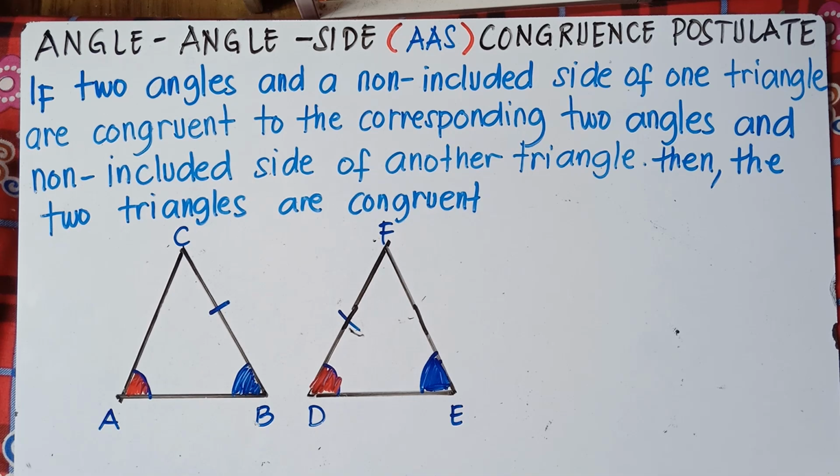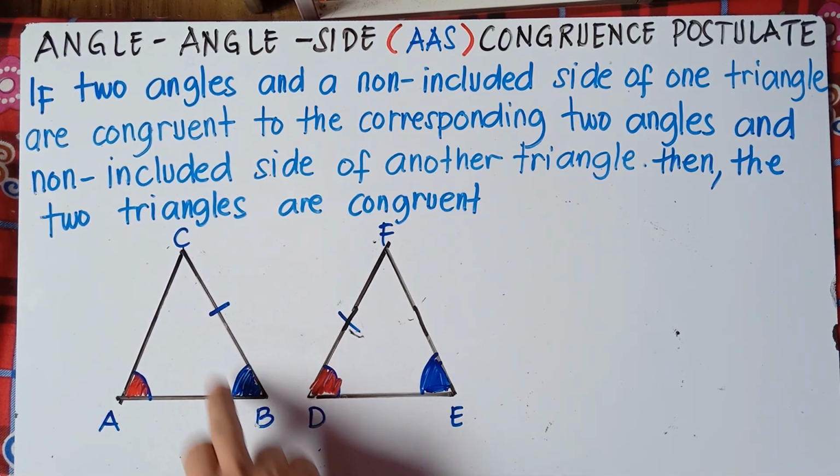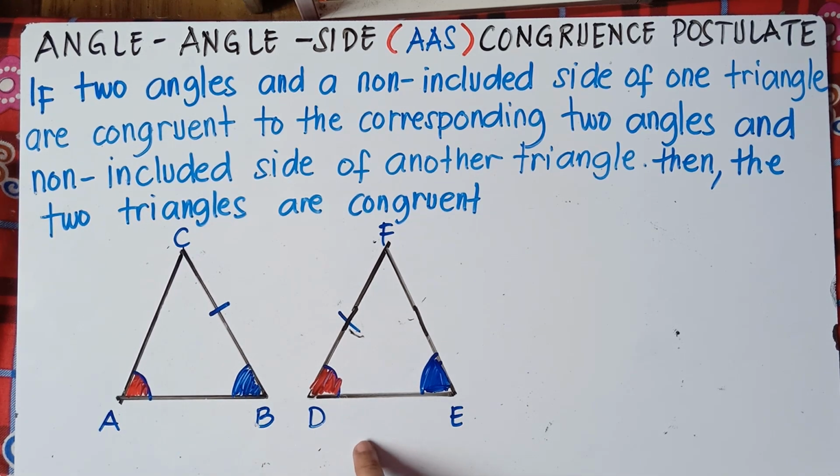Where is the non-included side? In this given triangle, the side is next to this blue angle, while in this second triangle, the side is next to the first angle, which is different. If they are different, we cannot say that these two triangles are congruent because of the side.